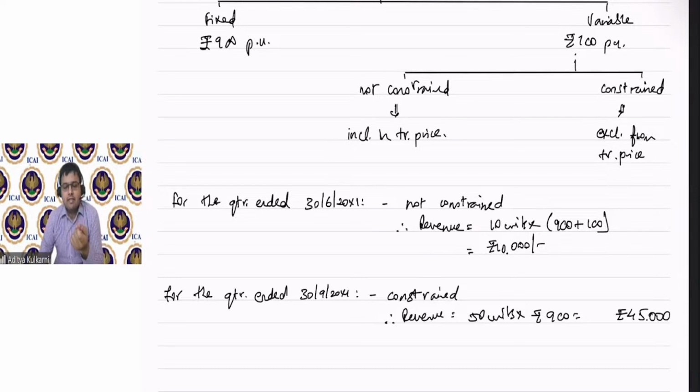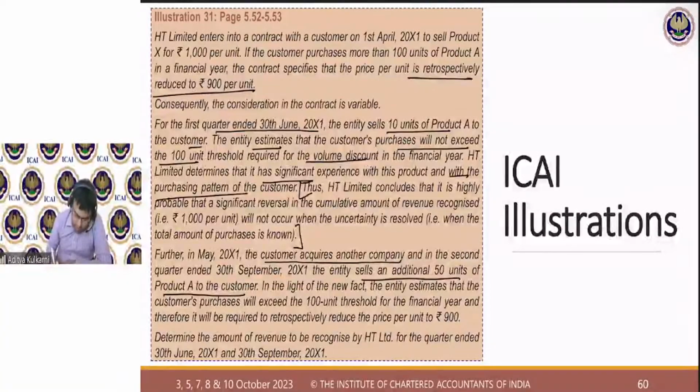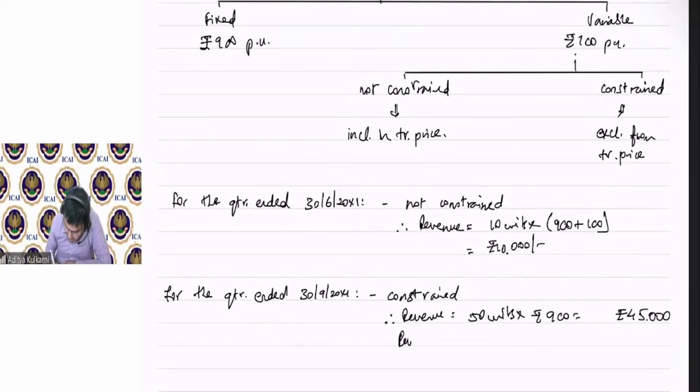The variable consideration of 100 will be eliminated prospectively or retrospectively? They have given retrospectively, right? What they have told is, if the customer purchases more than 100 units, then the contract price per unit is retrospectively reduced to 900. So I have to also recognize a revenue reversal.